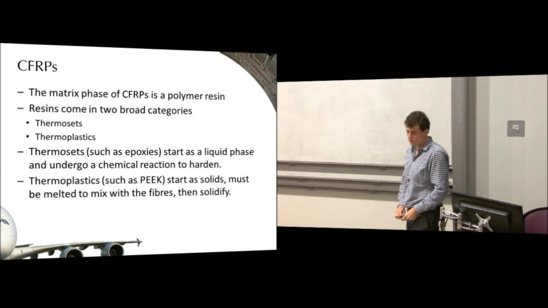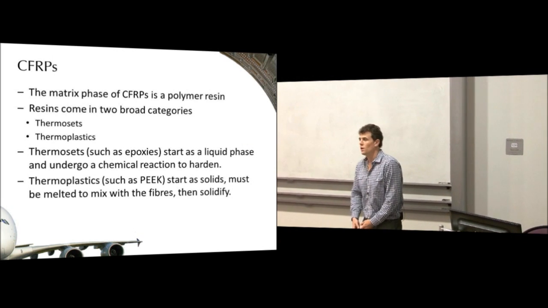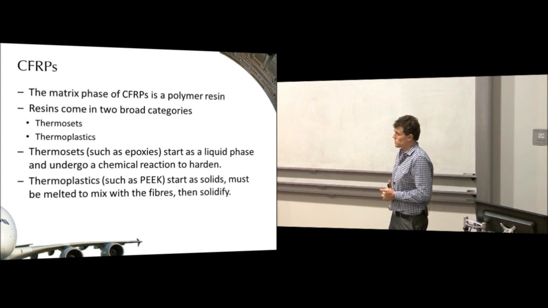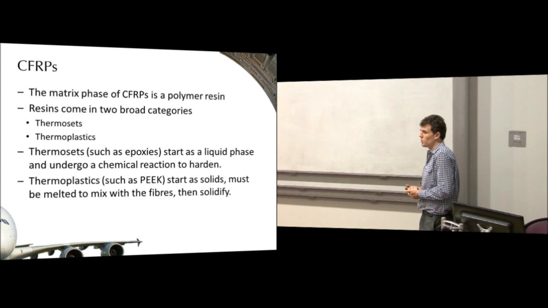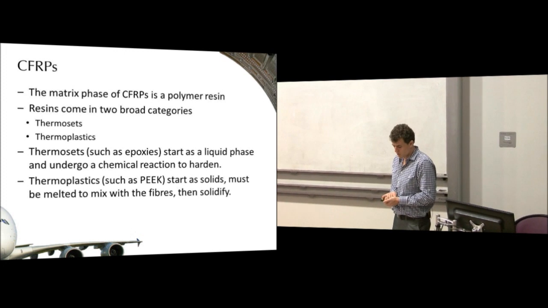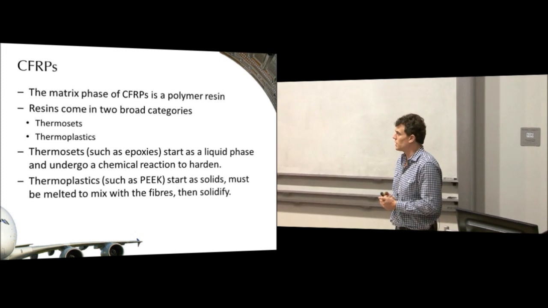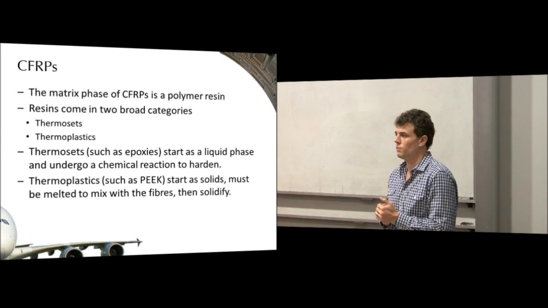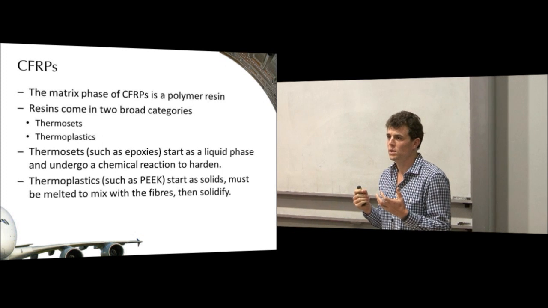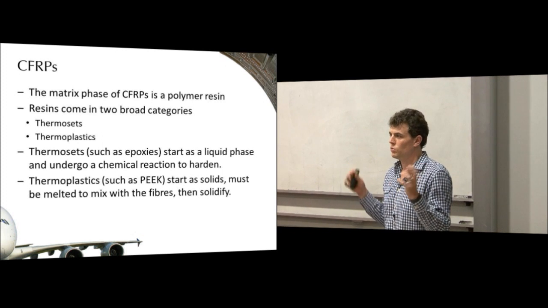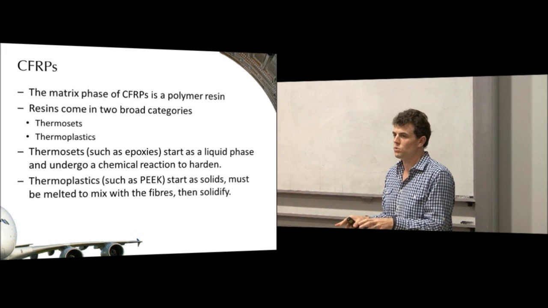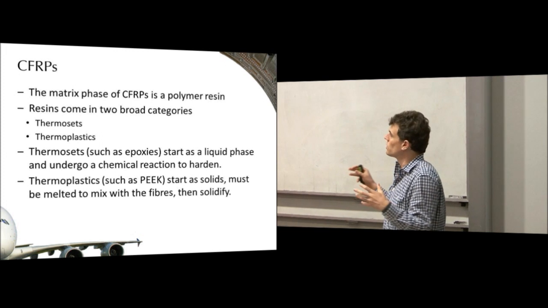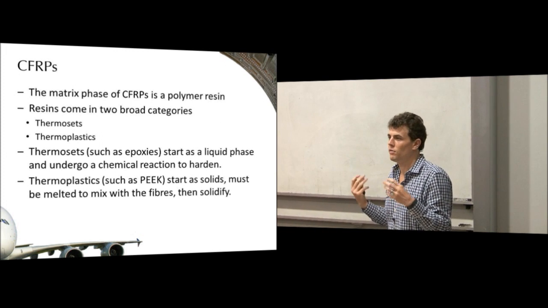And we tend to add to that for aerospace applications a polymer binder, so a polymer matrix. And there's two broad categories. There's thermosets and thermoplastics. So thermosets, I'm not sure about your chemistry or your materials background, but thermoset polymers are polymers that go hard via a chemical reaction, so that you have two liquid phase constituents go in and there's a chemical reaction and they set hard and there's cross-linking, whereas thermoplastics go hard via physical reaction.